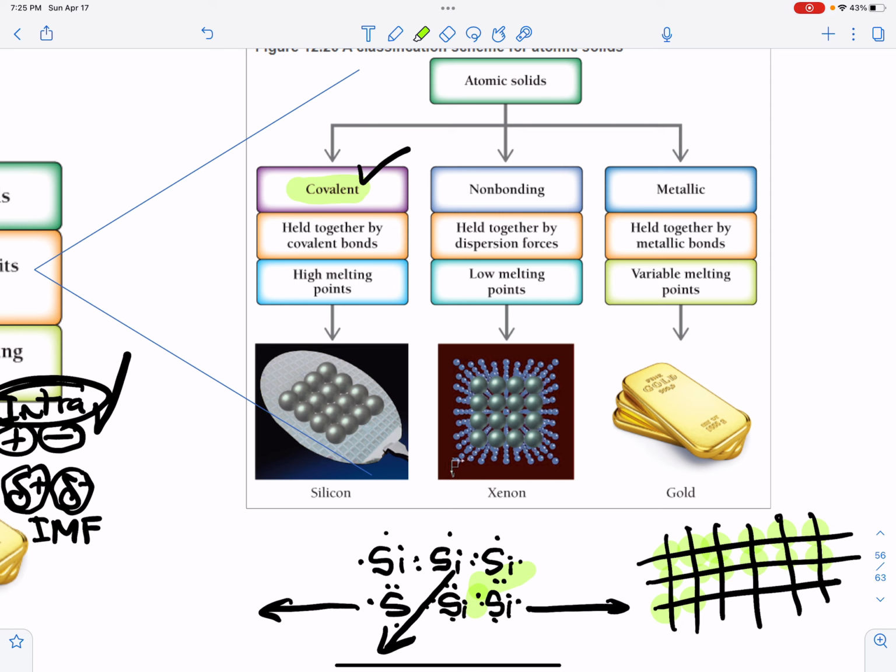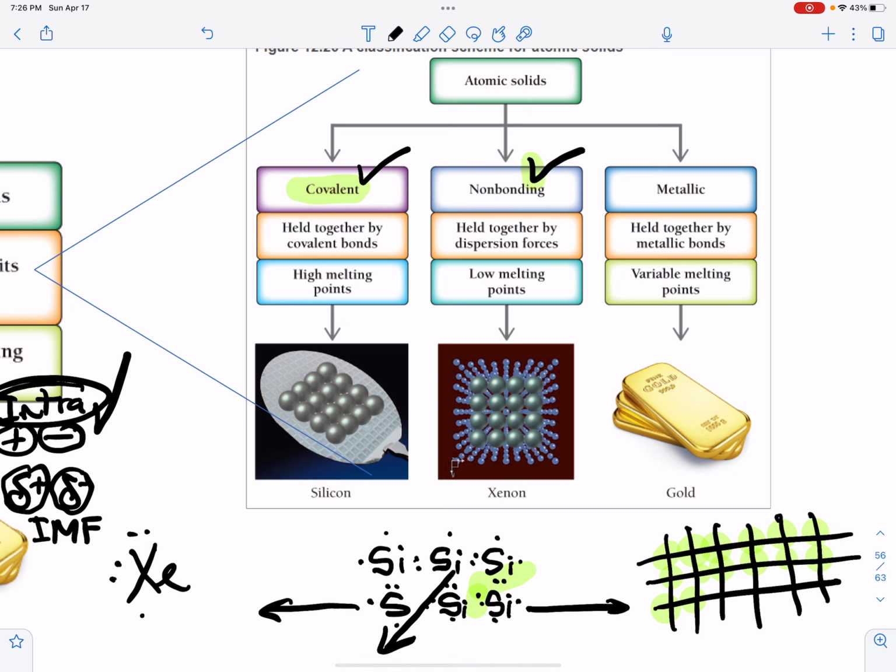We also have the non-bonding atomic solid. What would that be? Let's say that we take a noble gas. Noble gases do not link with anything because they have 8 valence electrons already, like xenon.